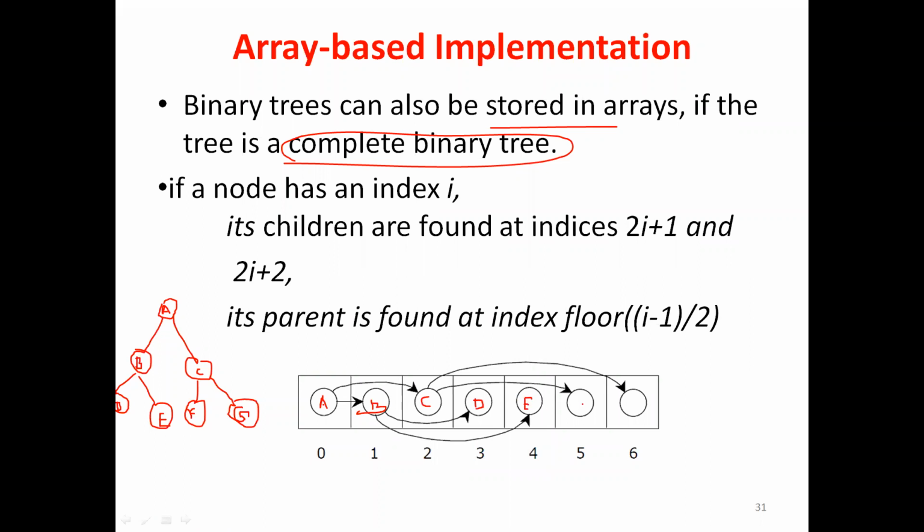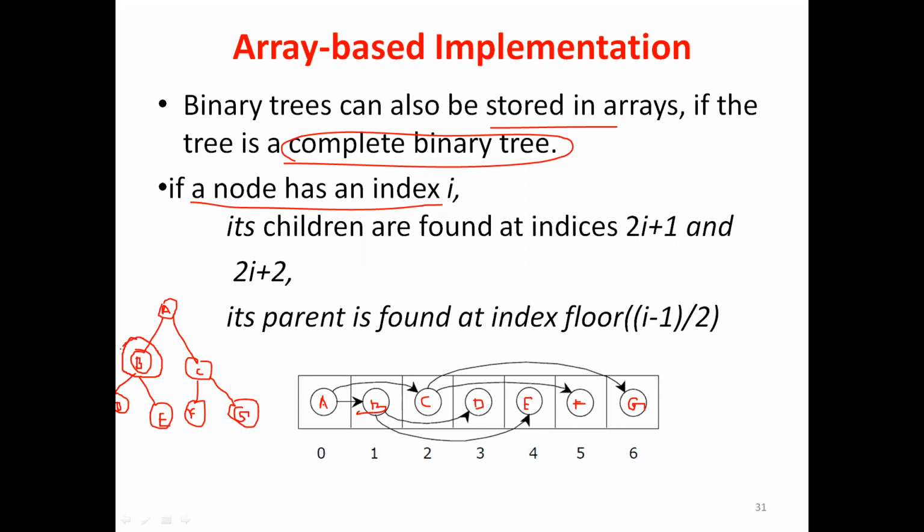When I take any element in a tree, I can easily find the child elements' index. For example, let us take node B. If a node has index I and I know the node's index, I can easily find the children of this node.